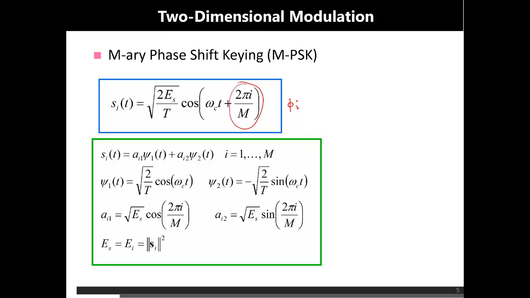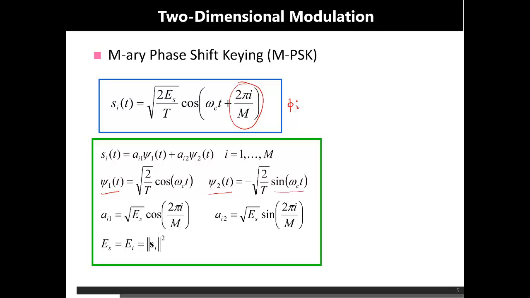And since it belongs to the category of two-dimensional modulation, the reason is that it requires at most two basis functions to represent each of the transmitted pulses. Those two basis functions are psi 1 of t, which is square root of 2 over T times cos omega c t, and the second one is psi 2 of t, which is minus square root of 2 over T times sin omega c t.